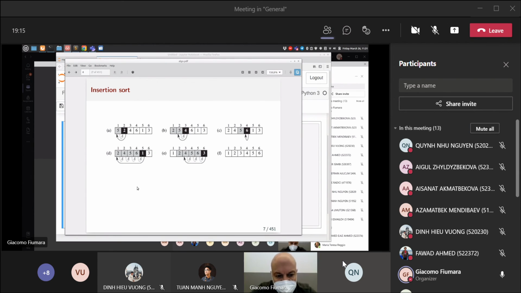The idea is the following. Suppose we have these 6 numbers, which are 5, 2, 4, 6, 1, 3, placed in positions 1, 2, 3, 4, 5, 6. In this case, we use the non-C-like indexing of positions.